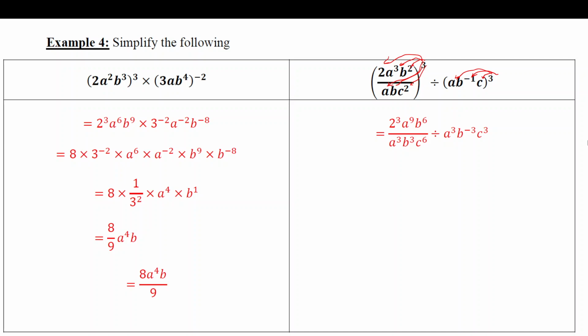Because right now what we've got here is all this divided by 1. And so if we're dividing by another fraction, I might just flip that so we can have a multiplication. That makes it a whole lot easier for us to work with. So here we've got times 1 over all of that. And then we can just multiply this here together, which just becomes 8a9b6.